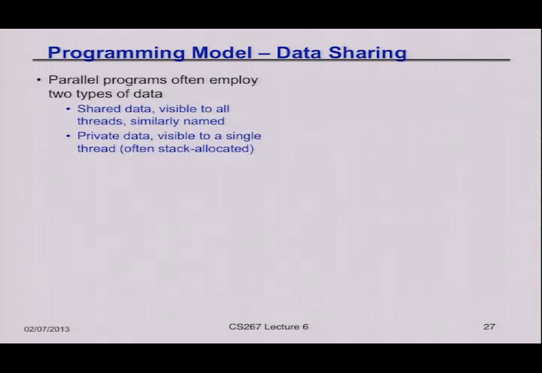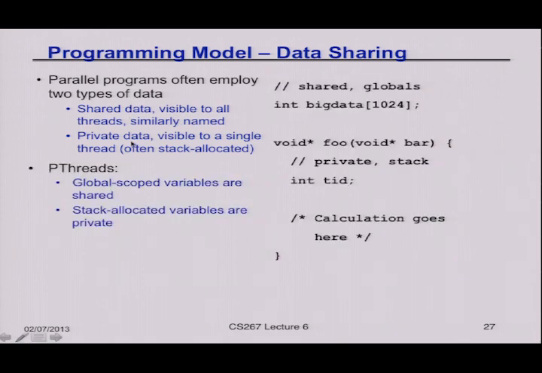Okay, so let me now talk about the difference between shared and private data, because just as in Pthreads, some variables you want to be private, some of them you want to be shared. OpenMP and Pthreads do it differently. So I have to somehow distinguish between what everybody can see and what's private. And so here's how Pthreads did it. Let me just remind you.